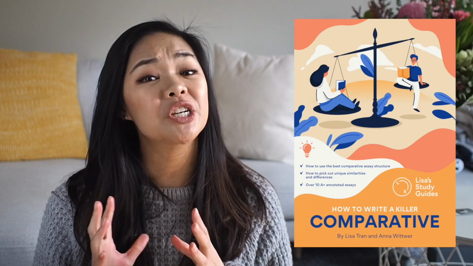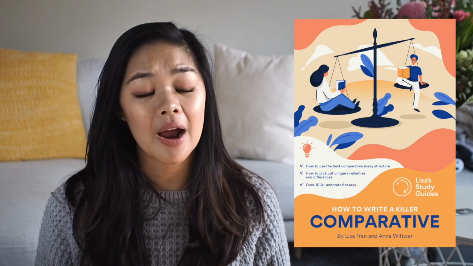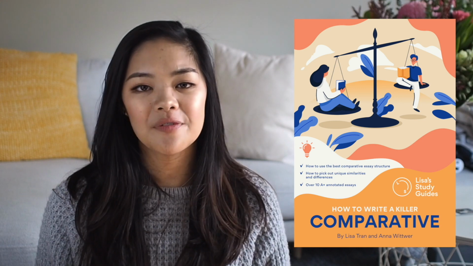And with more possibilities comes a better essay discussion, and with a better essay discussion comes better marks. So get your hands on how to write a killer comparative and get familiar with that strategy there.